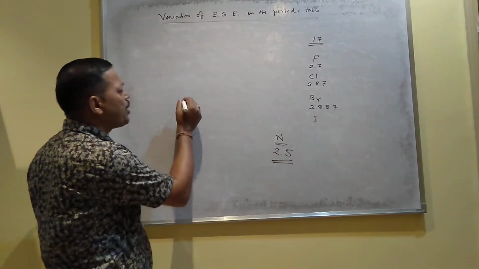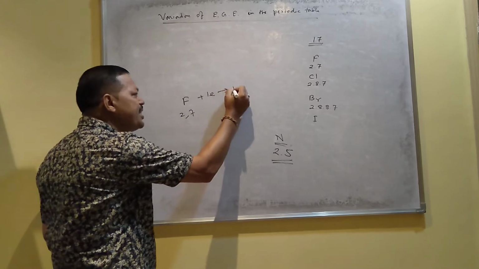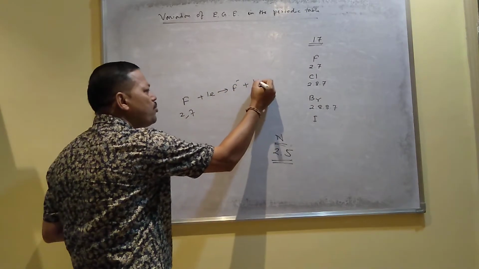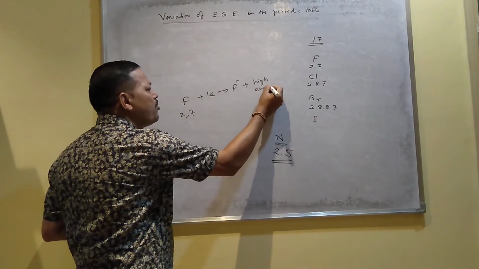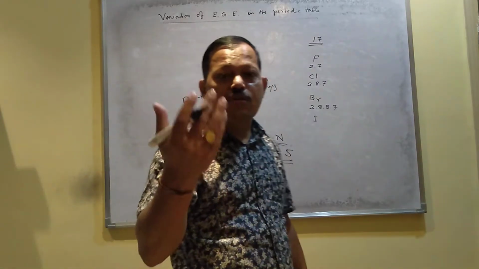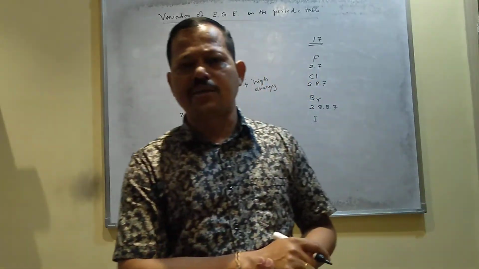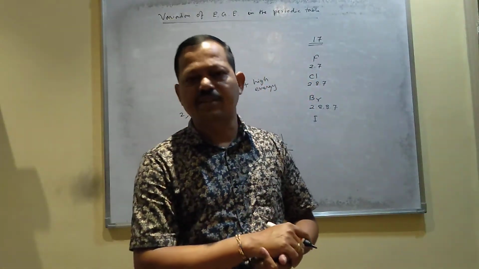And always remember one thing, those elements which can gain the electron more easily, that type of atom will release a high amount of energy, and if the atom cannot gain the electron easily, that type of atom releases a lower amount of energy. That is why it mainly depends on the configuration.